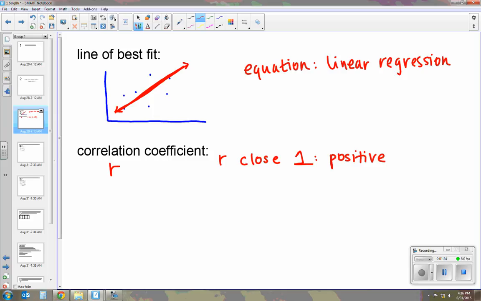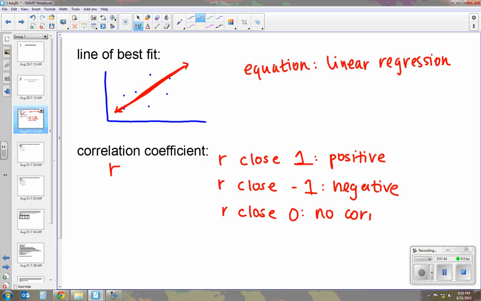When the value of r is close to -1, your correlation is negative. And when your value of r is close to 0, you have no correlation. All right?